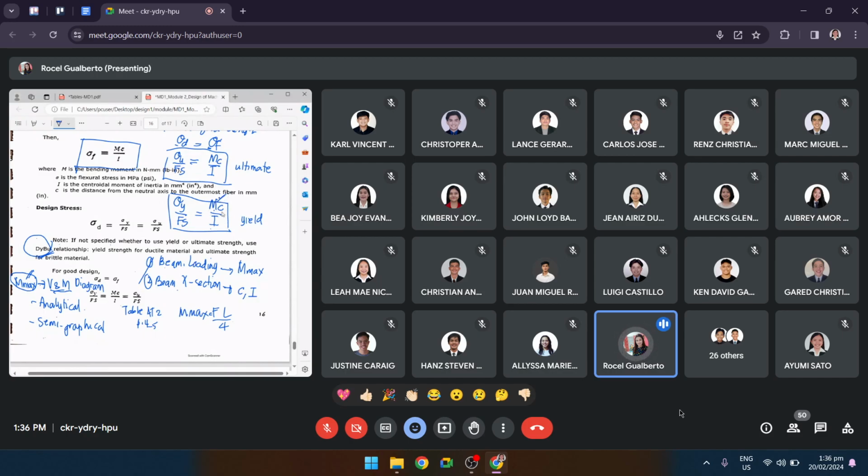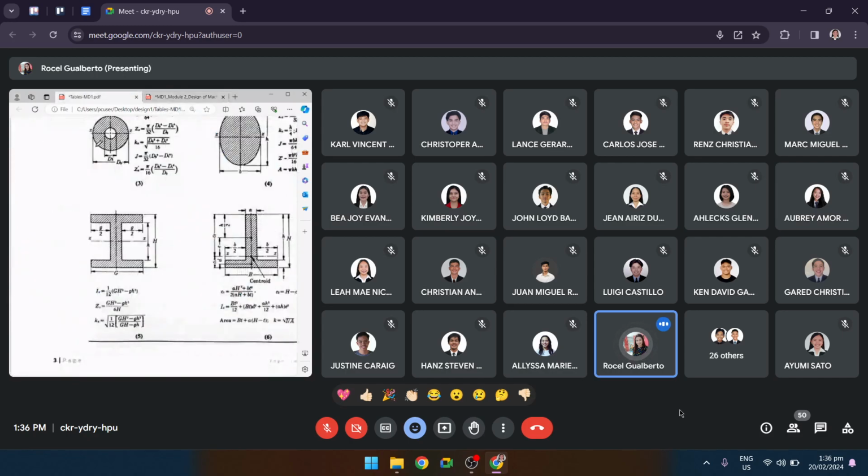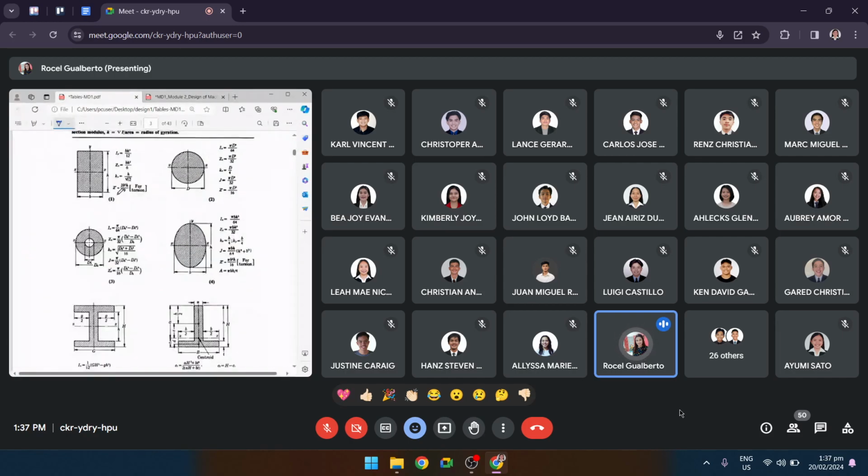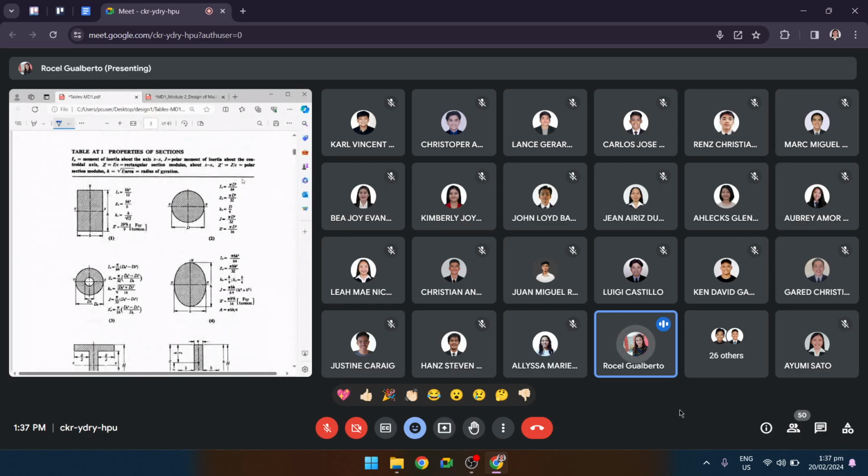Now, let us obtain the value of C and I. Where can we obtain the values of C and I? It will come from the beam cross section. So, on your Table 81, this is Table 81, properties of sections.